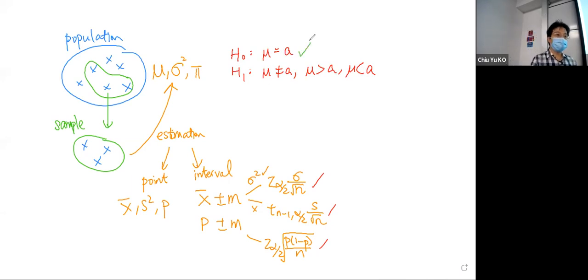How we do that is very similar to interval estimation: see whether the interval you construct contains the parameter.